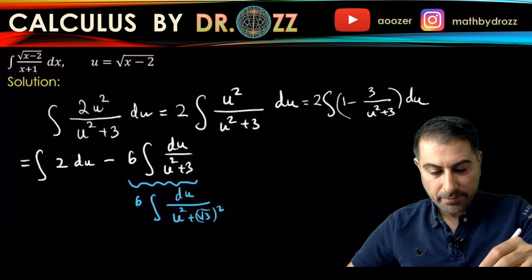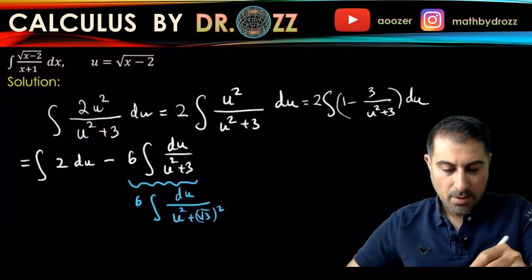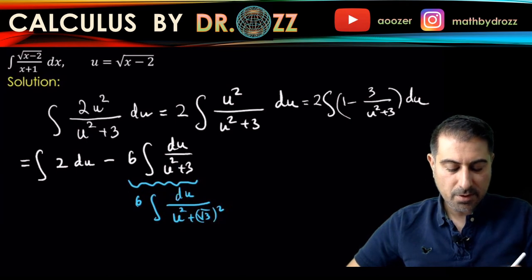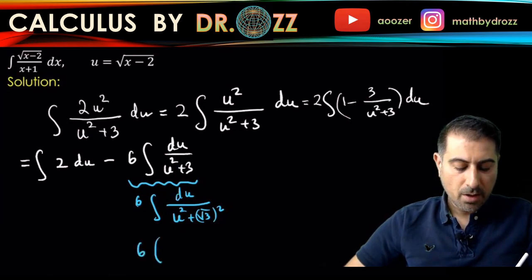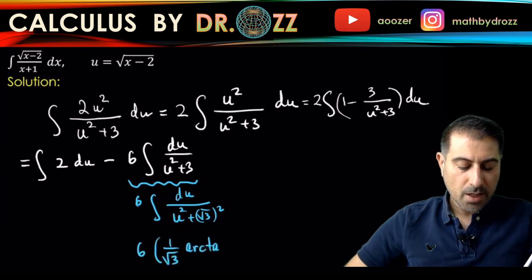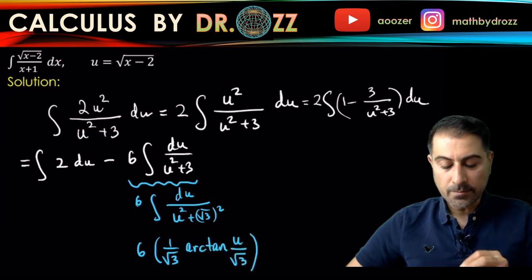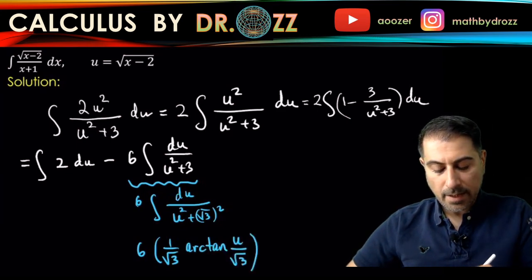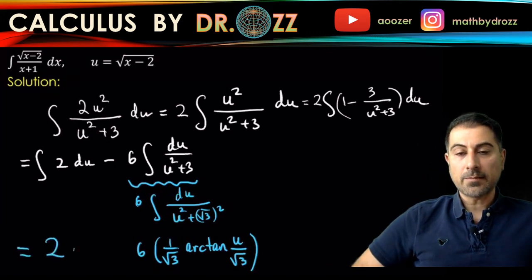So let's just do everything in one shot. Let me write 6 here, times 1 over radical 3 arctan u over radical 3. This is the second integral. And then I have 2 times u here, that's how you integrate 2 du.